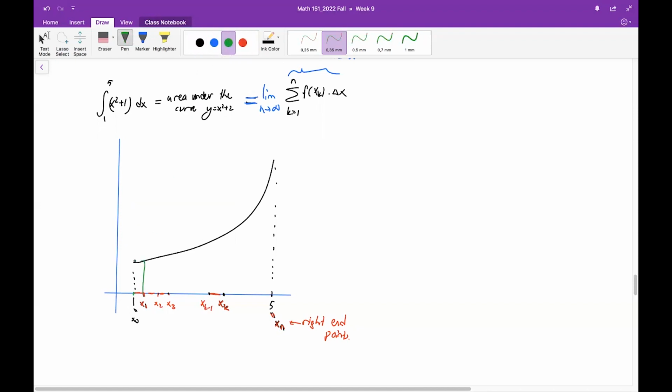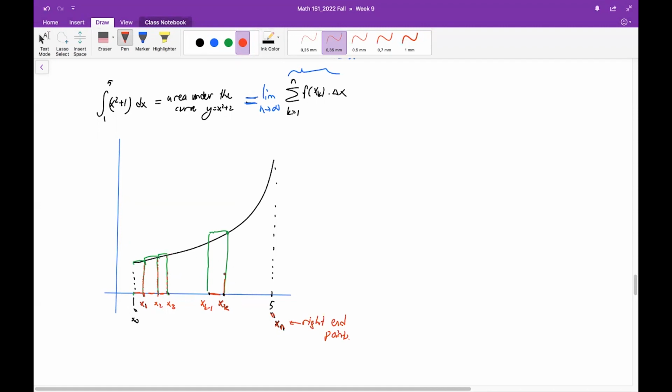So the height is here. Over the base, create your rectangle. And the kth rectangle will look like this, this is the height, and over this base, I create my approximating rectangle. I'm always using the heights coming from the right endpoints.